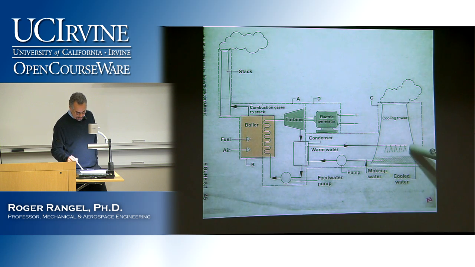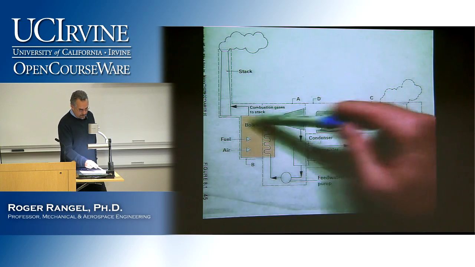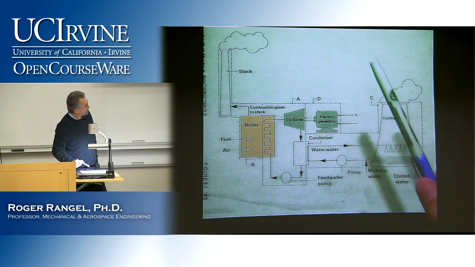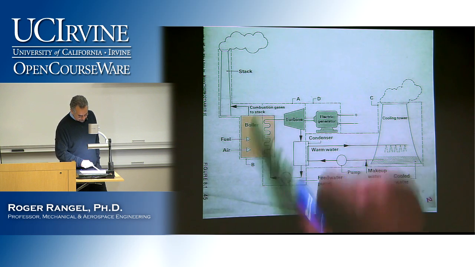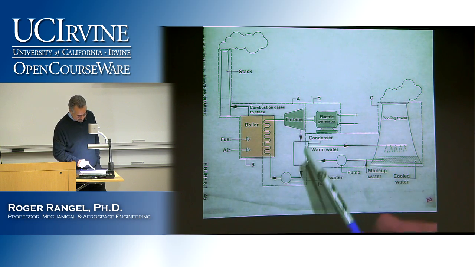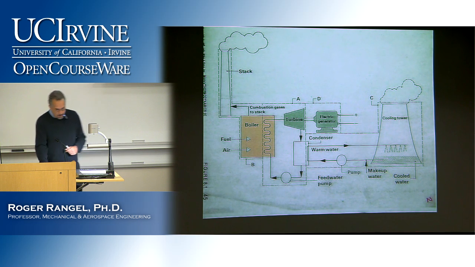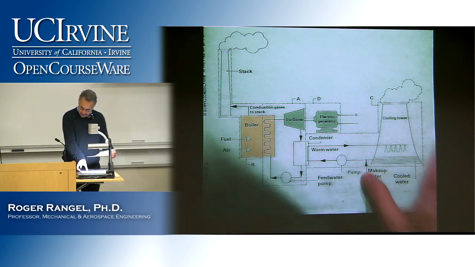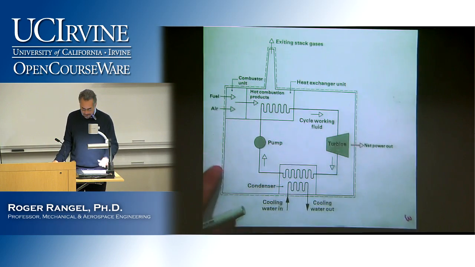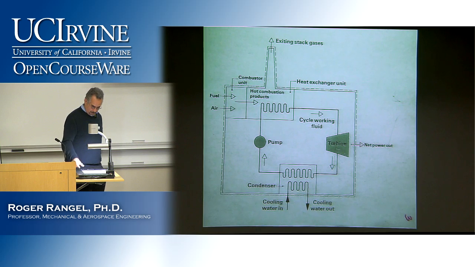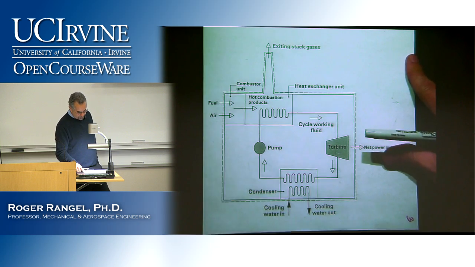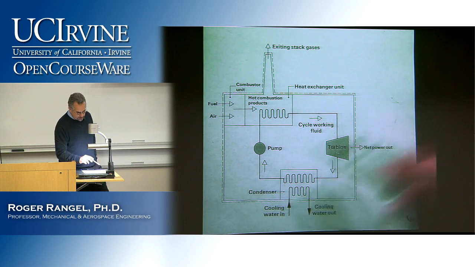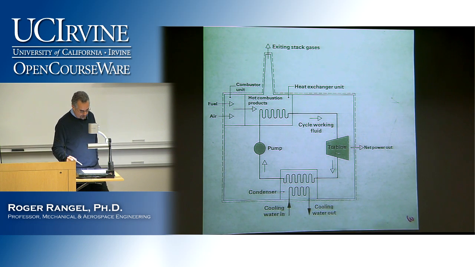In this case, they have a cooling tower, stack for the combustion products to go out. So, for example, if we just focus for a moment on this part, where we have the boiler, the turbine, the condenser, and the pump, we can see that here on this other schematic, which is just that part of the plant. It's a different schematic, but you see the four components that I was just referring to.